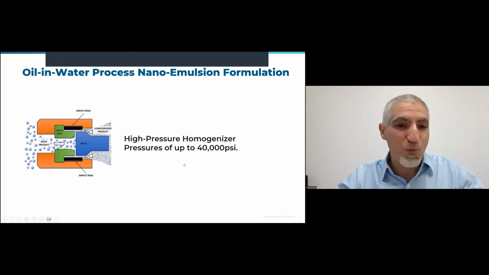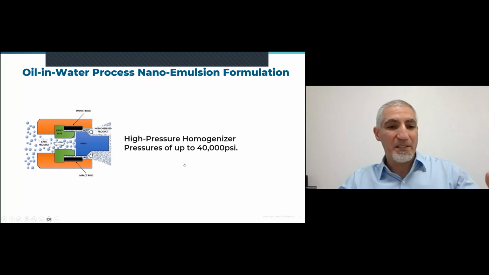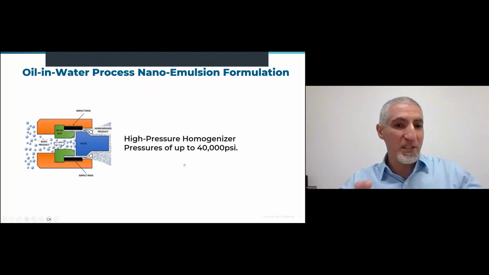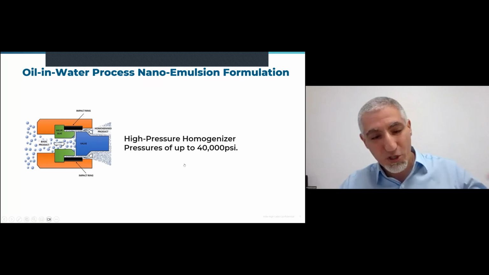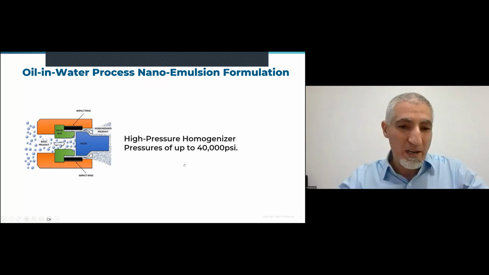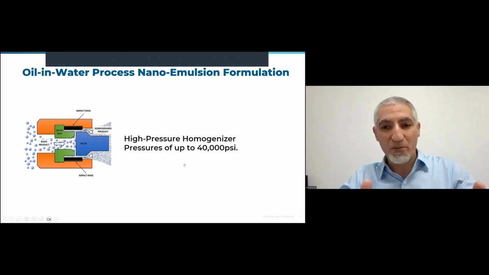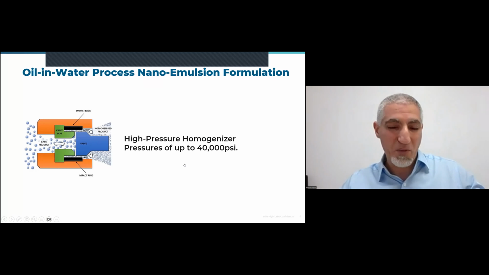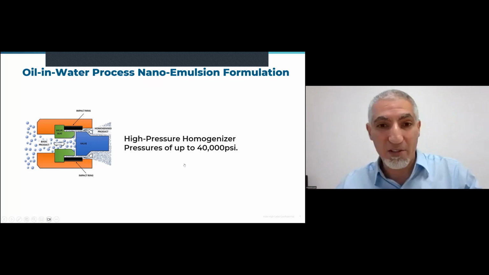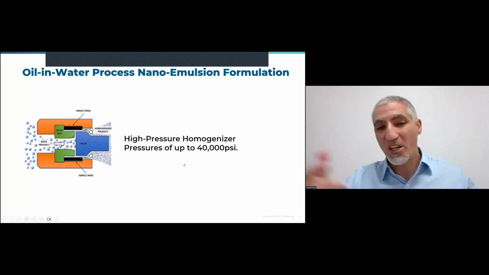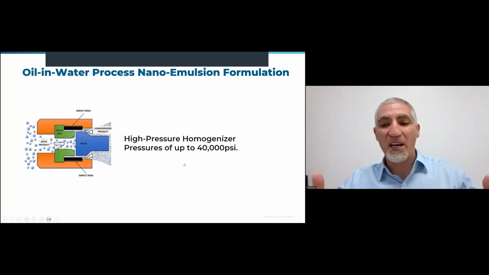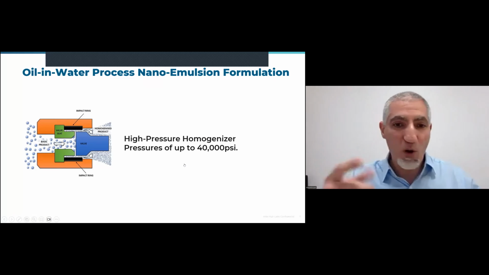This is a process where the emulsion with 2 to 3 micron droplet size is being pushed with the piston through very, very small channels, and generating pressures of upwards of 30,000 to 40,000 psi, and then the resulting emulsion that comes out has a very small particle size.